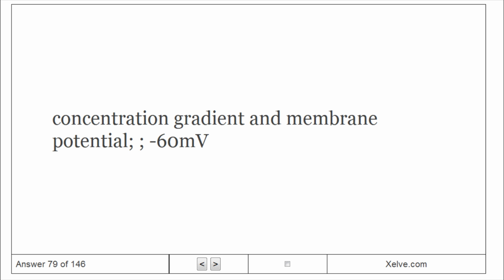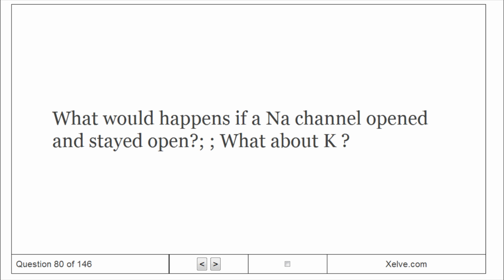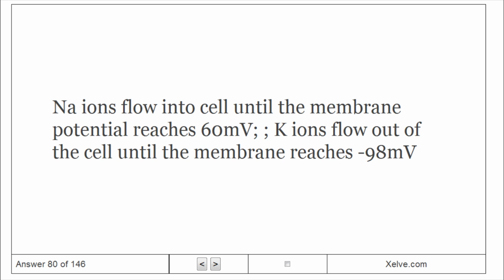Concentration gradient and membrane potential, -60 millivolts. What would happen if a Na channel opened and stayed open? What about K? Na ions flow into the cell until the membrane potential reaches 60 mV. K ions flow out of the cell until the membrane potential reaches -98 mV.